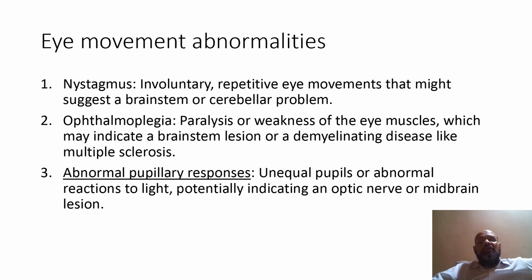Nystagmus is generally either pendular, which are sinusoidal oscillations that do not have a fast or slow phase, or jerk nystagmus, which, based on the direction, can be horizontal, vertical, or torsional, or rotational. And it's important for the neurologist to differentiate peripheral versus central causes of nystagmus in their evaluation.